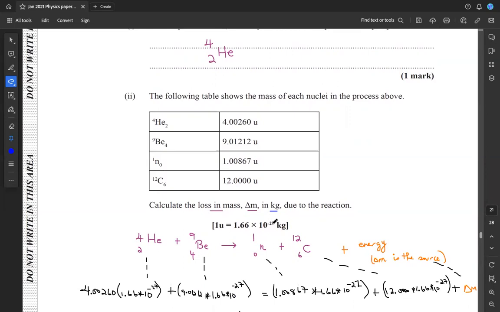So they've asked us to calculate the loss in mass, which is delta M. The first thing we're going to do is rewrite our nuclear equation. So that's what I did here, this is my nuclear equation written in this line here.